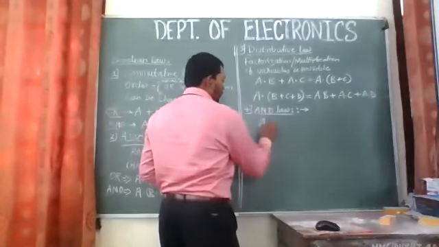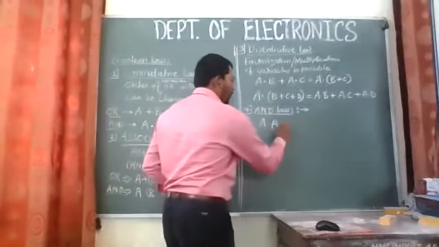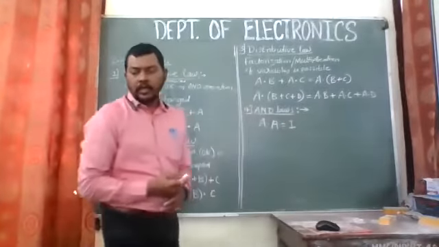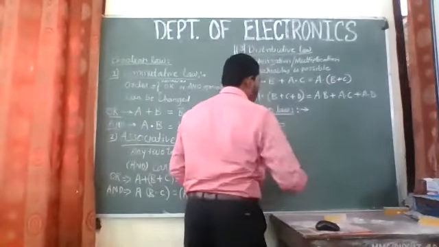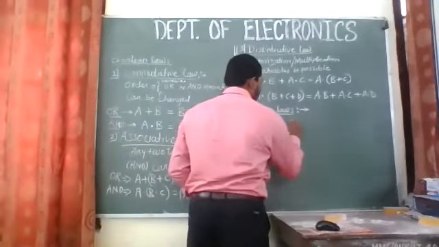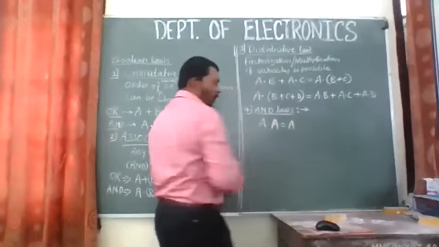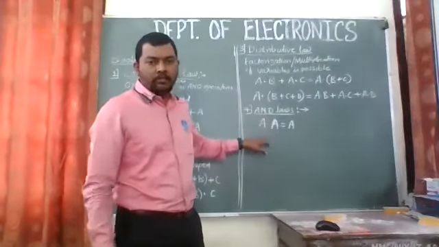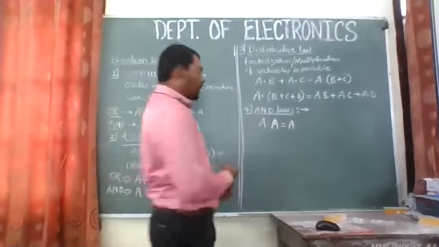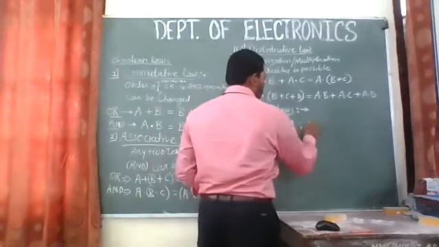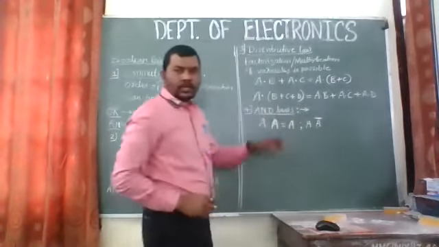The first one is A dot A, means A and the same variable. A dot A is A. So if we have the product or ANDing operation of the same variable, A dot A is equal to A. The second one is A dot A bar.